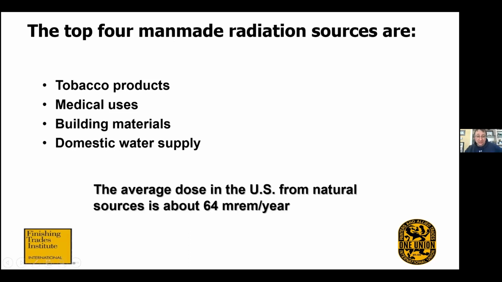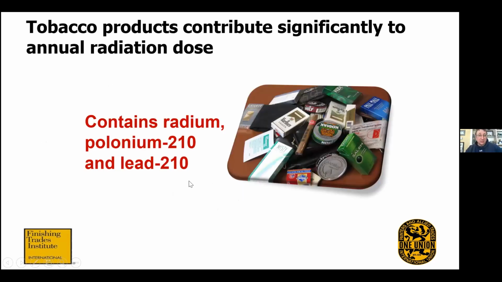So let's look at these things. The average dose from the natural sources rounds out to 64 millirem a year. You can see it's a minor contribution to the total amount. Tobacco products, as we know, are not good for us in any way, shape, or form. Unfortunately, the company saw fit to make it addictive. These things contain radium, polonium-210, and lead-210. All these are radiological sources, and when they're in your body, they don't leave very easily.